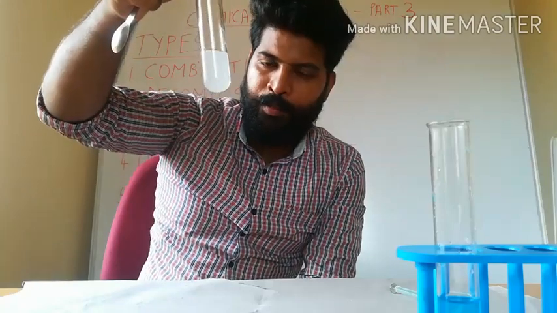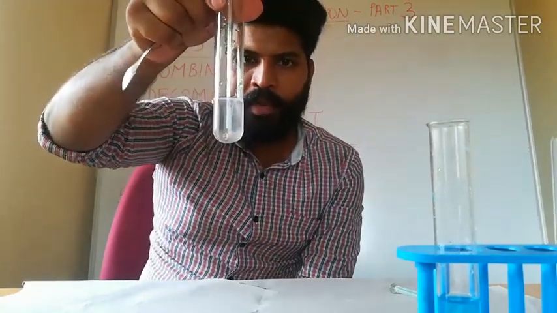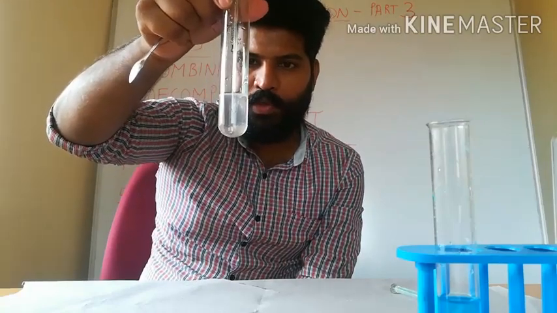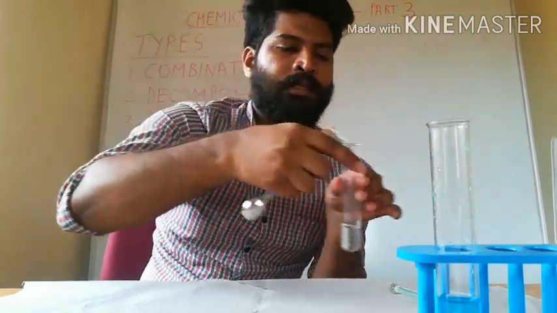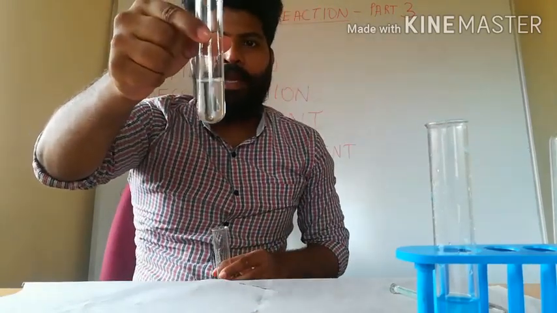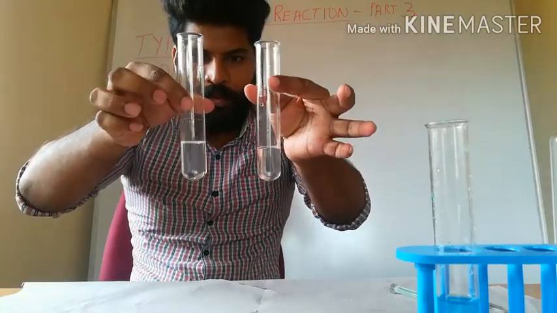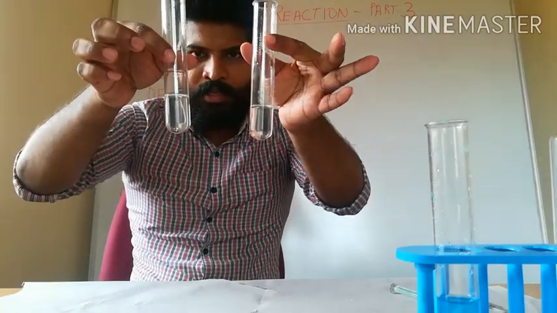So this is our preparation for the reaction. Even sodium sulfate aqueous solution is colorless. What we have to do is we have to add them. This is our barium chloride. This is our sodium sulfate which we prepared. Both look exactly the same.